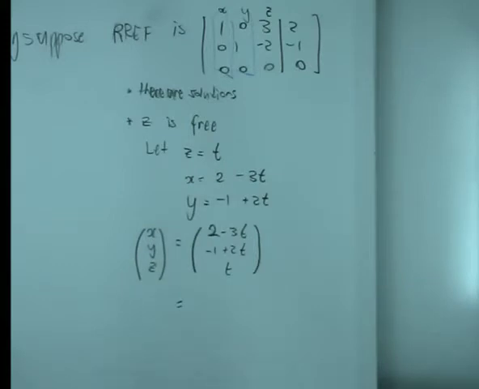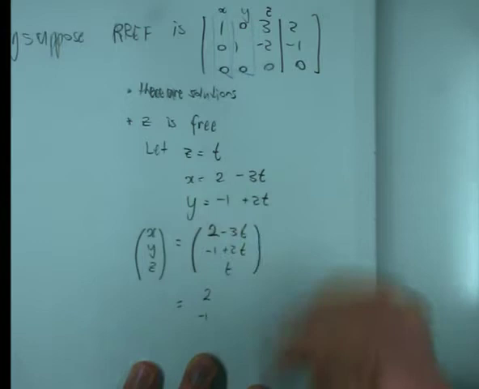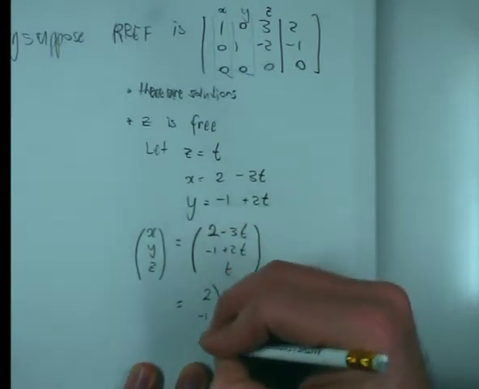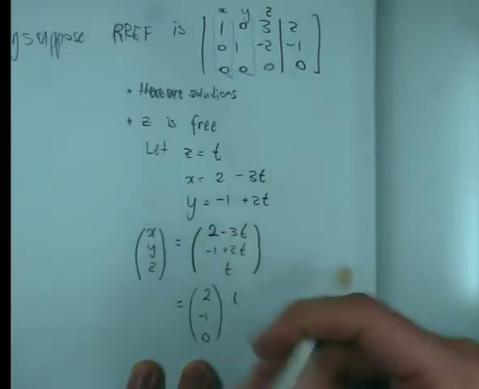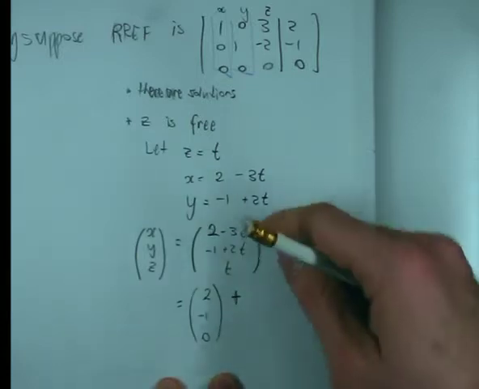Okay? So what we're going to do is separate this into two vectors. A vector that contains all of the plain numbers. I've got 2 as a plain number, minus 1 as a plain number. This one doesn't have any numbers not attached to t, so that'll be a 0. And then I've got the vector with the t's.